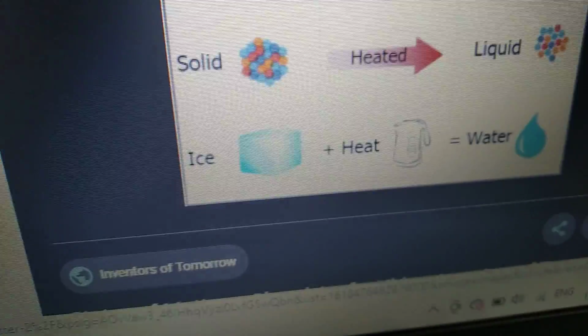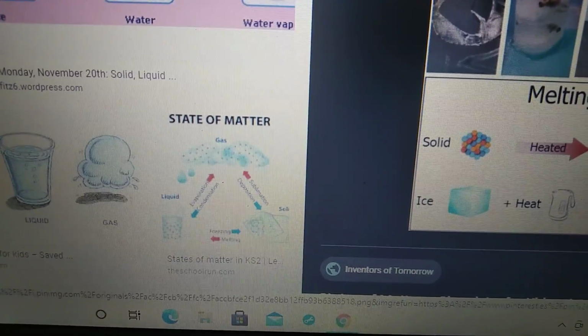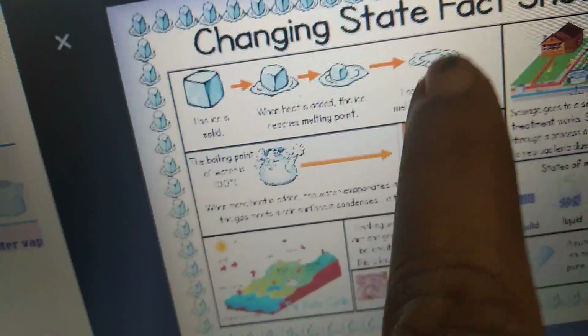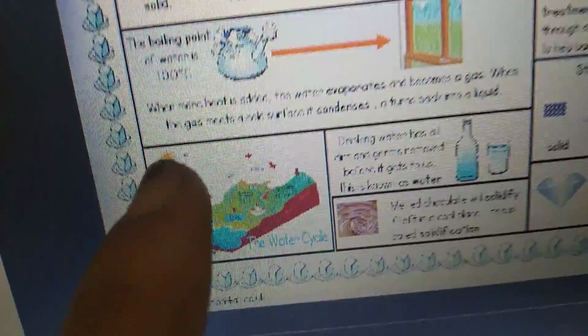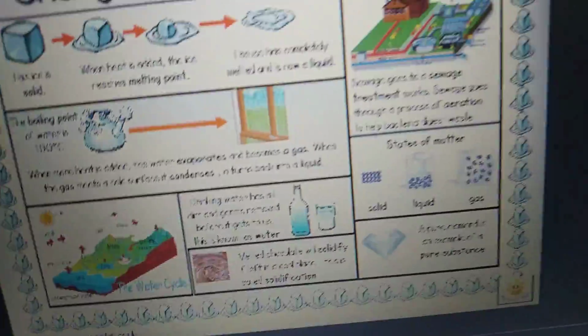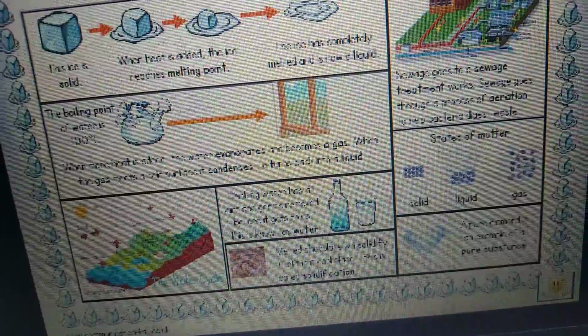So today we will see about physical and chemical change. See here, ice cubes converted to water. At some boiling temperature, water evaporates. So this is the water cycle. You will learn it next academic year in sixth class.